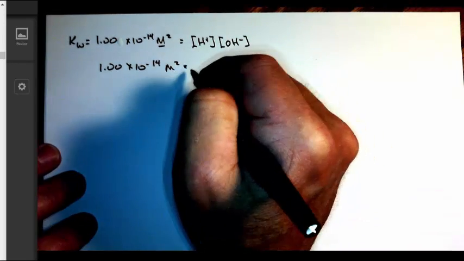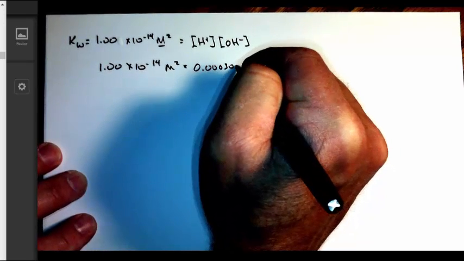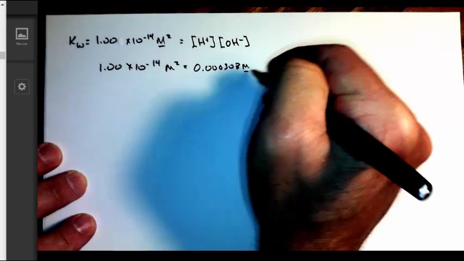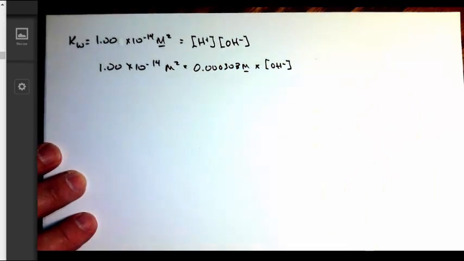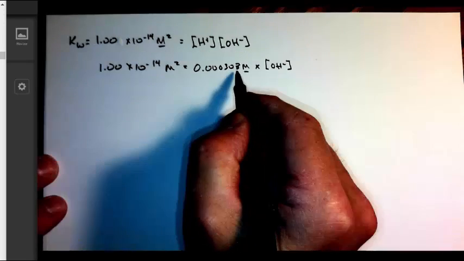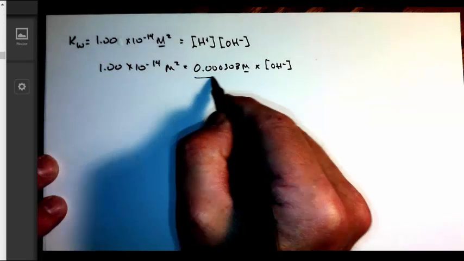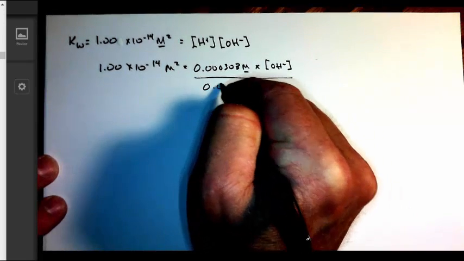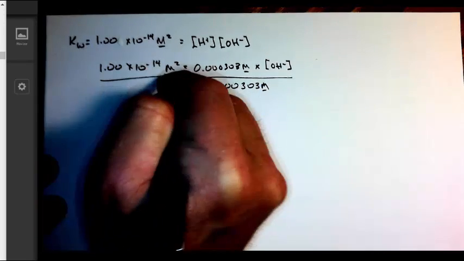We know the hydrogen ion concentration was 0.000303 molar times the hydroxide ion concentration. And just like when we're doing gas laws, and particularly Boyle's law, we know that we can get rid of this value on this side by dividing both sides by that. We divide by 0.000303 molar on both sides.